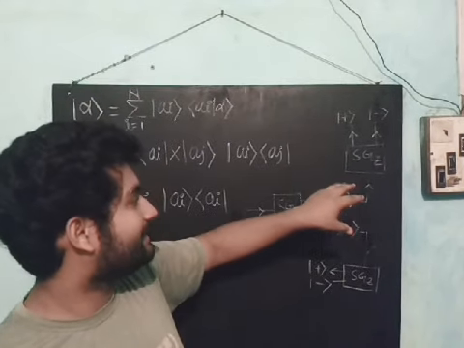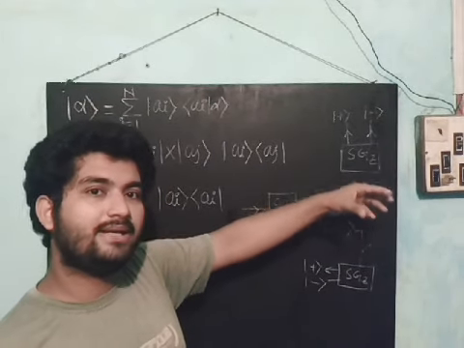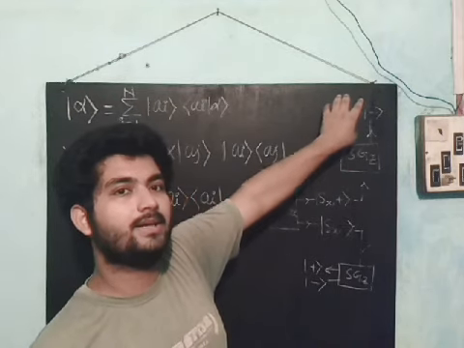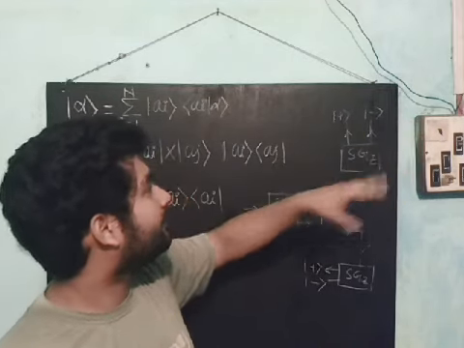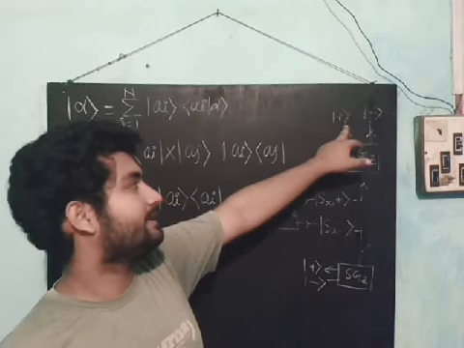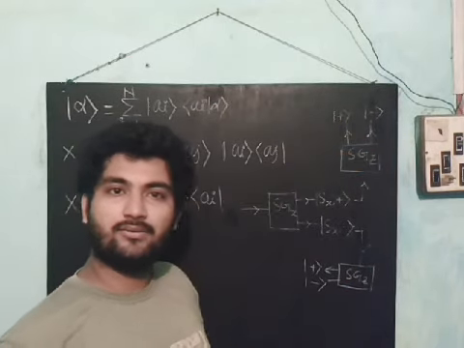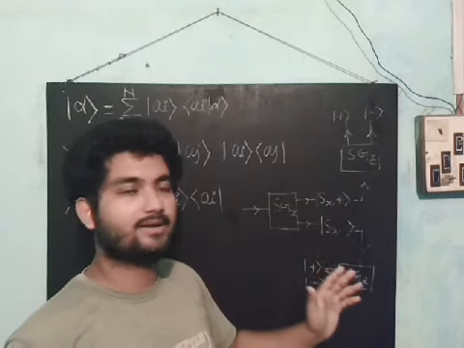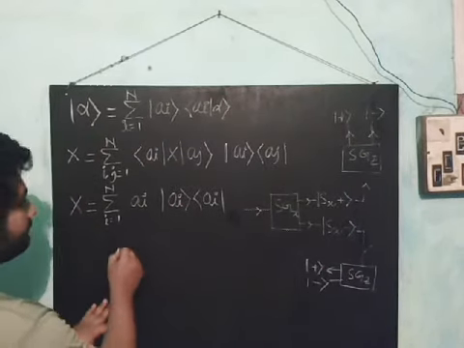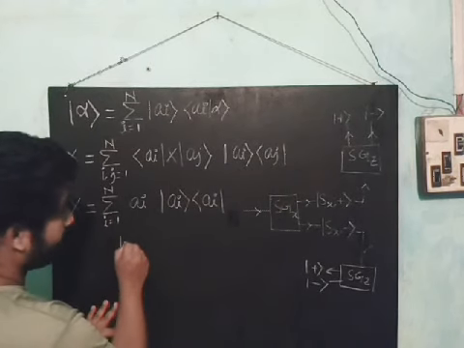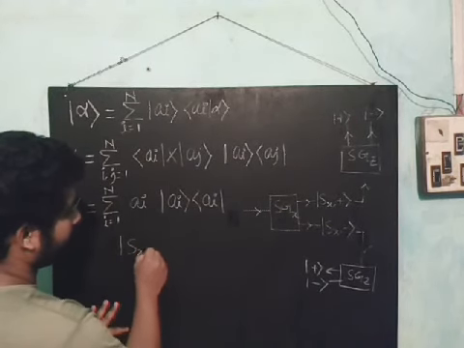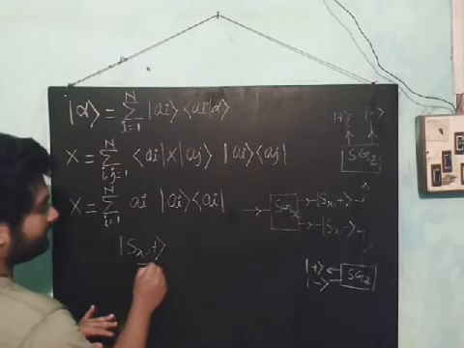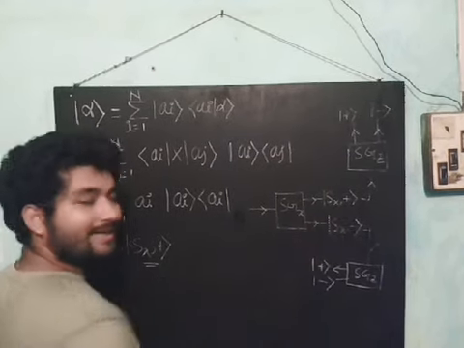So Sx plus can be written as the superposition of positive and negative, right? And the probability of getting plus will be half, and this is half. This is an experimental fact. So this was the main step.